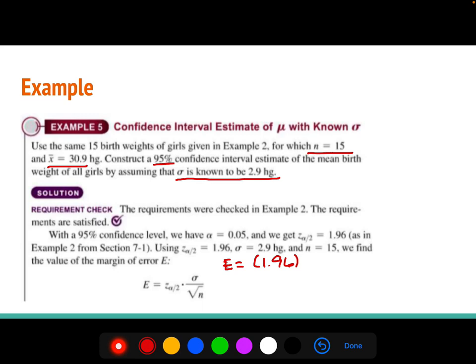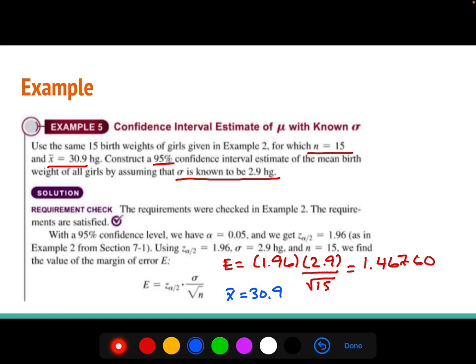Our sigma, in this case, is 2.9. They give that to us. Over the square root of n, which is 15. Put that in the calculator, we get an error of 1.46760. Now our x bar, we know that was given to us, is 30.9.